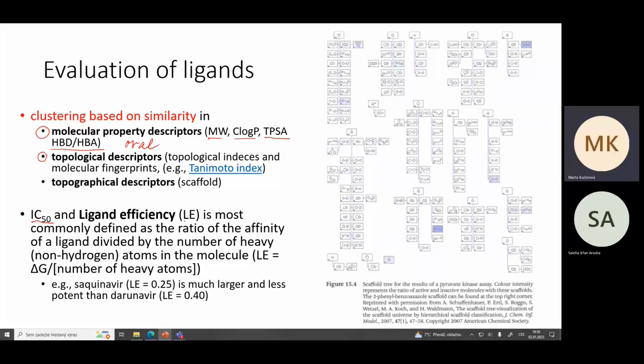But in molecular modeling, we also use the LE parameter, which is ligand efficiency. And it is defined as the ratio of the affinity of a ligand divided by the number of heavy atoms in the molecule.